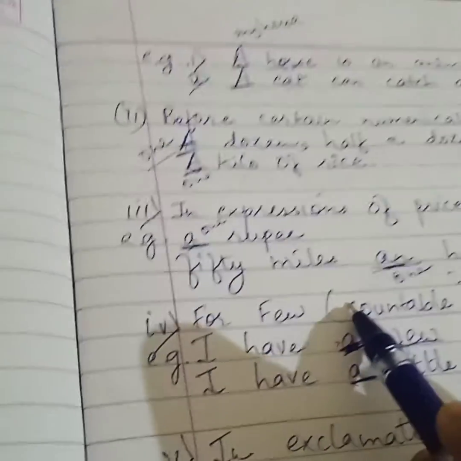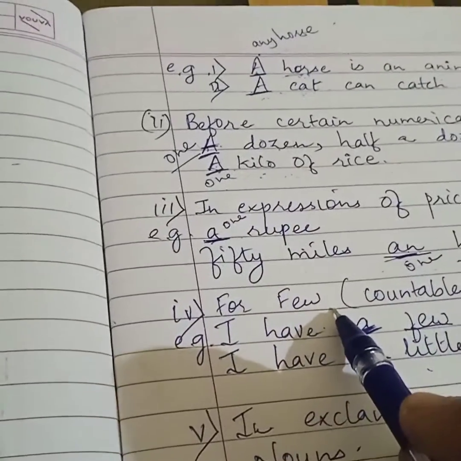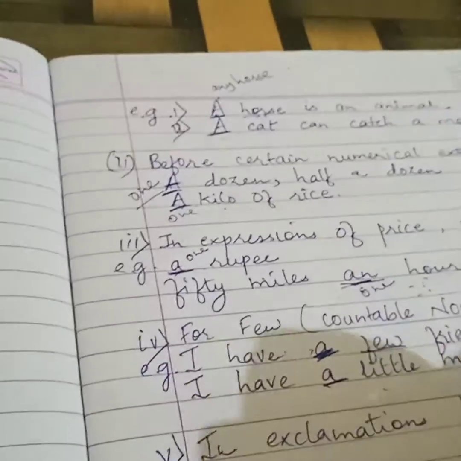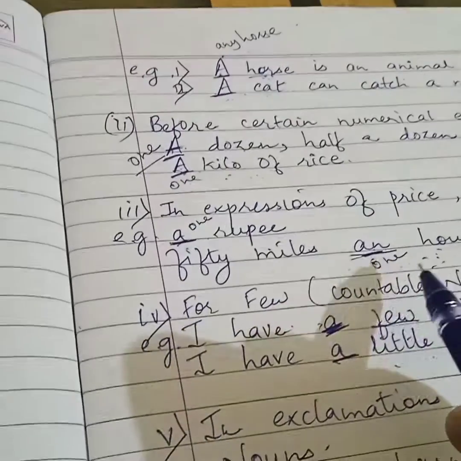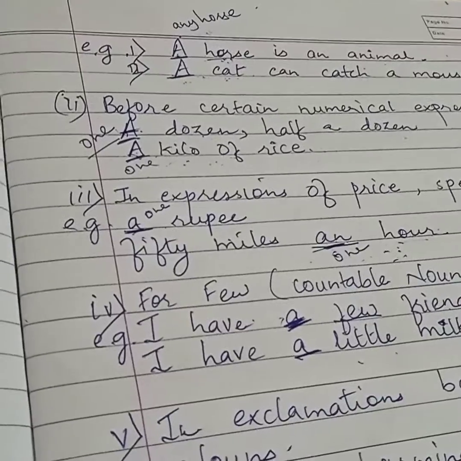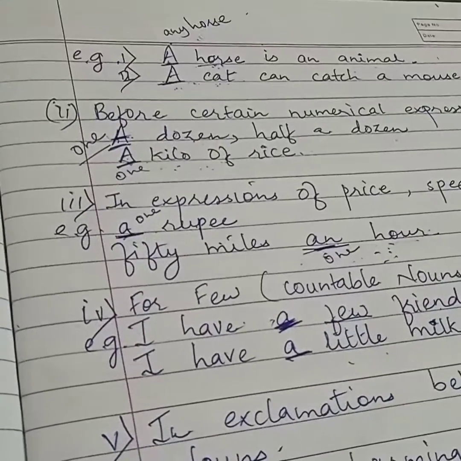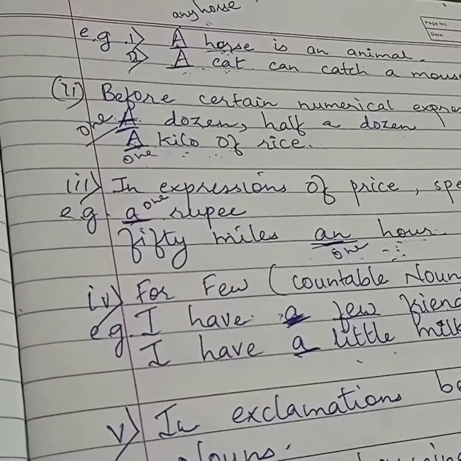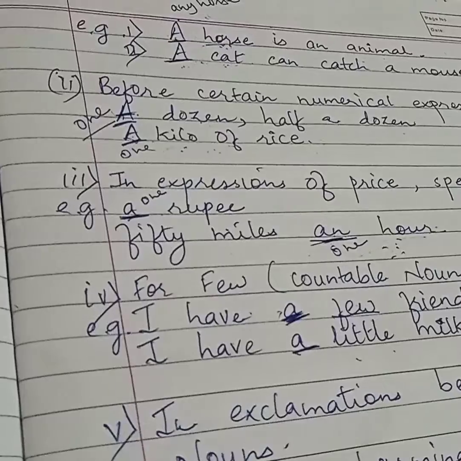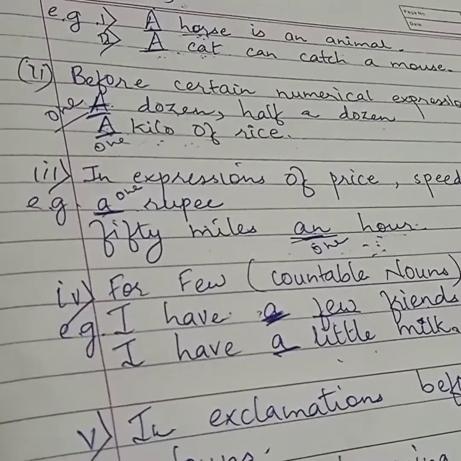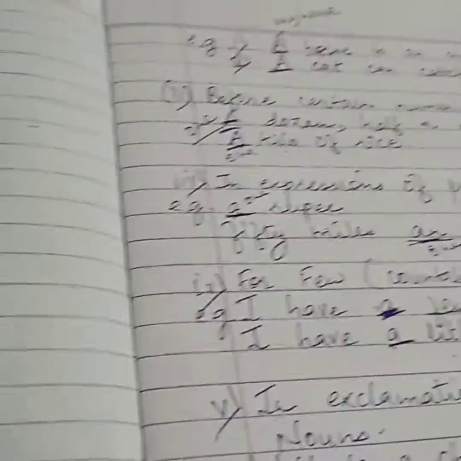Then an article A is used before words like few and little, and before countable nouns. Examples: I have a few friends. Few meaning in small number. Therefore, I have used a few. A few meaning in small number.